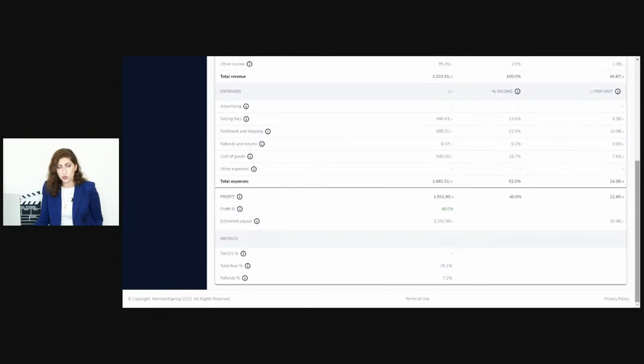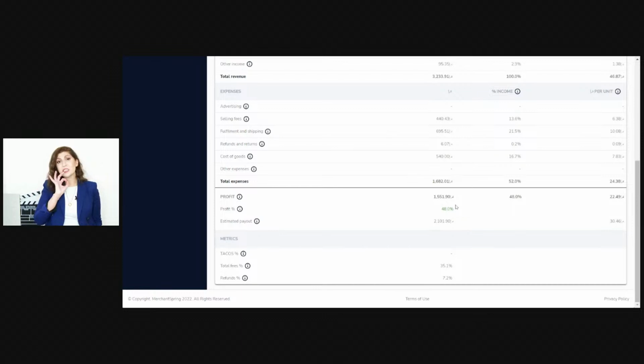If you want to analyze your profit, you want to add how much the product costs you to buy from your manufacturer in China, for example, and how much it costs you to actually ship the product to the Amazon warehouse or to your home, wherever the product is. So we added those, and I'll show you how we added those. And then you can accurately see how much profit you actually made and what the profit percentage was.